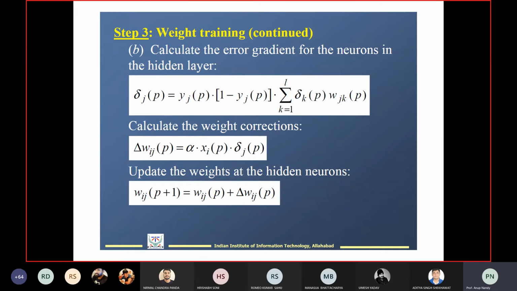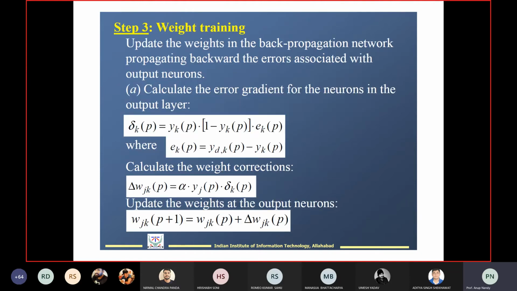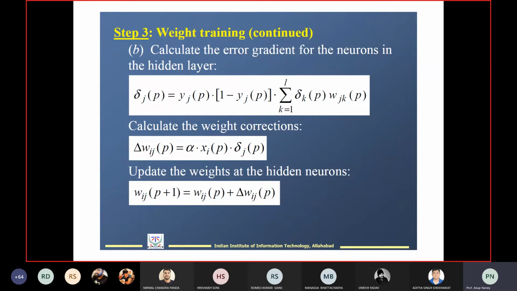Then you have to calculate the weight correction. Similarly, as you can see, there was a weight correction wjkp; you have to do this for wij. Why ij? Because i is for the ith neuron in the input layer. So delta wijp is alpha into xip, where xi are the inputs, into delta.